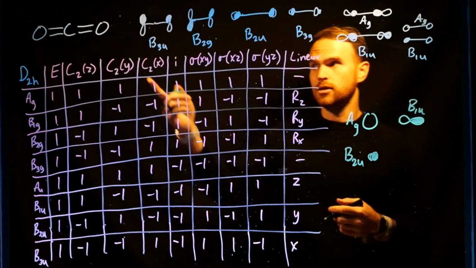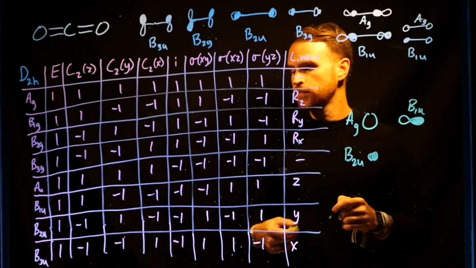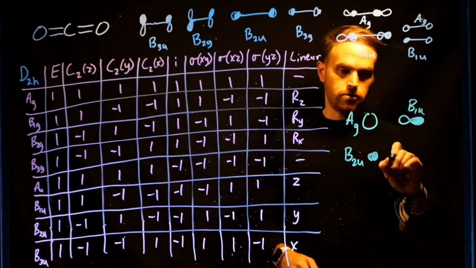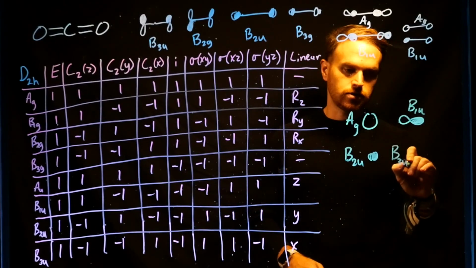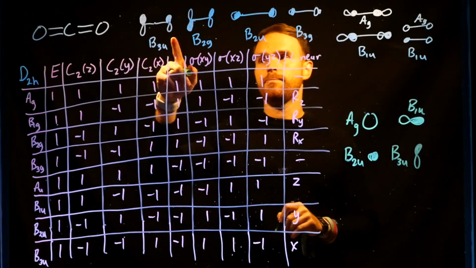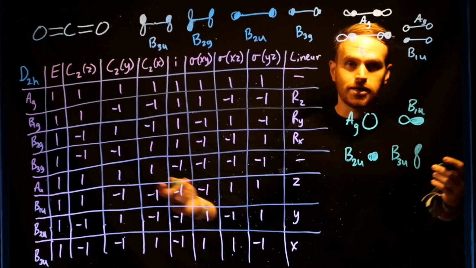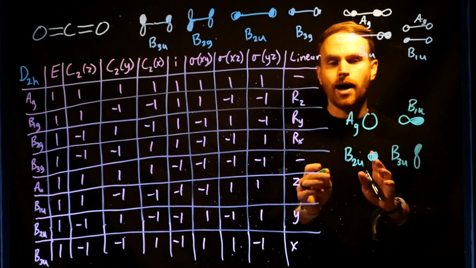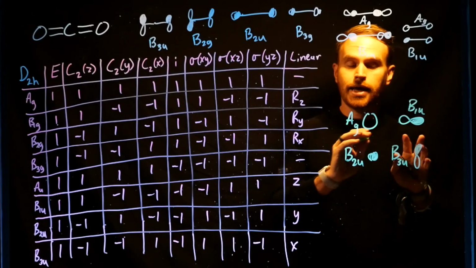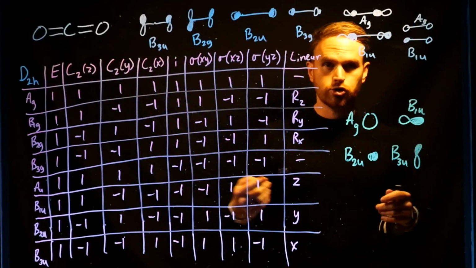Because we know that in CO2 we have a couple of pi bonds. The next one is going to be the px orbital, which is going to be the B3u. So the B3u on the center atom corresponds to the px orbital, and again, it looks like it matches up with pi symmetry. So I can already start to see how my molecular orbital diagram is going to look and how it should match what my Lewis structure looks like.